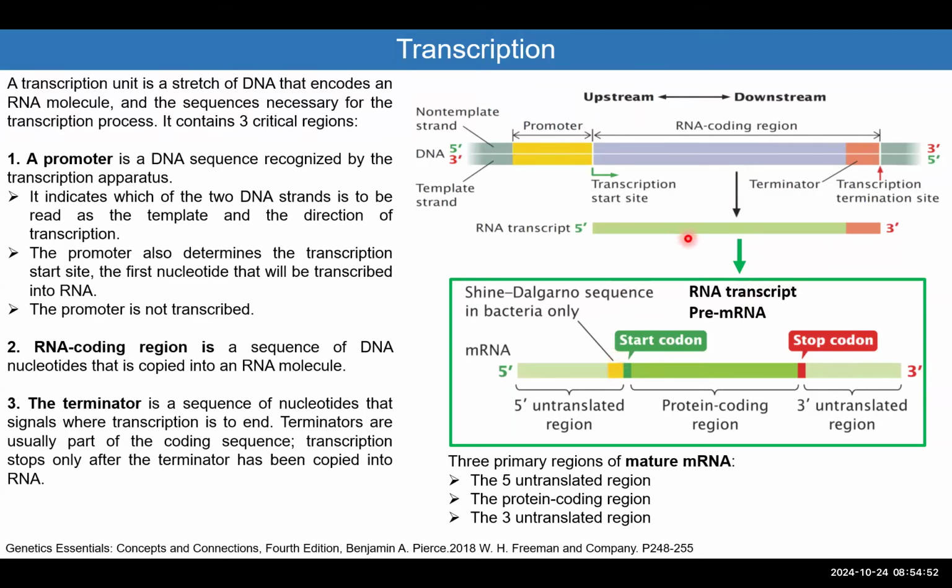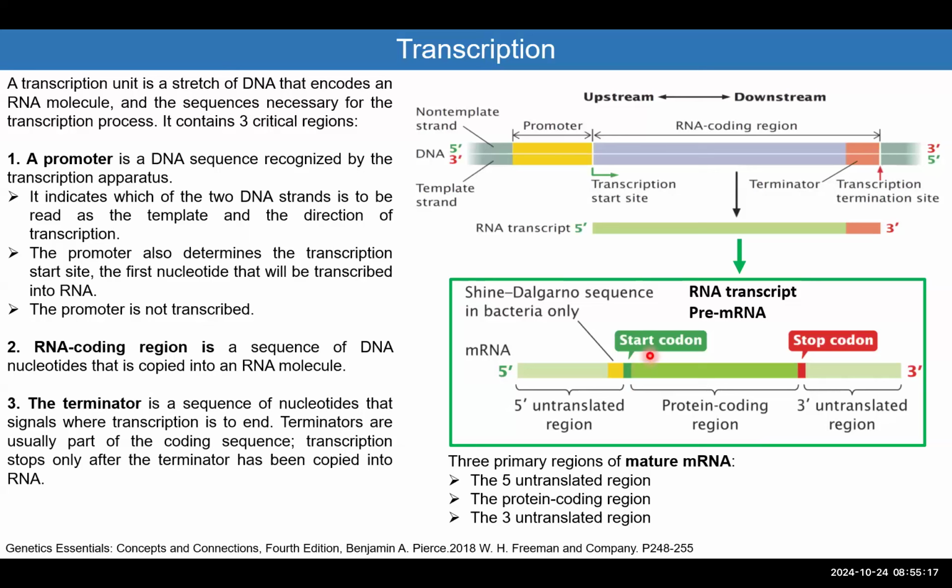So if we look at this RNA, there should be three major regions. The first region is the 5' untranslated region. In other words, it will be transcribed from DNA into RNA, but it will never be translated into a protein. And then there's a start and an end codon you can see here.